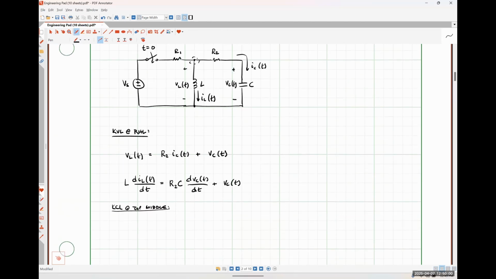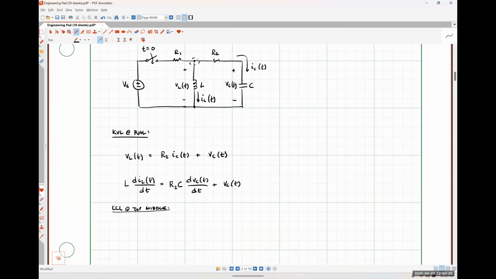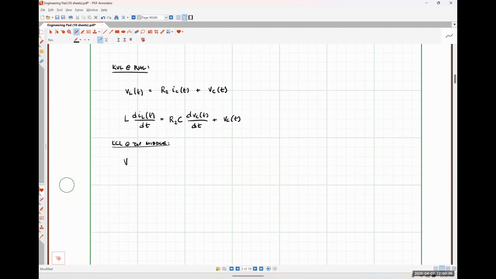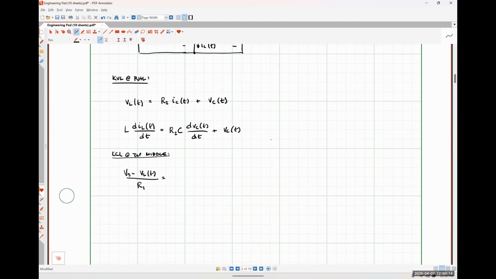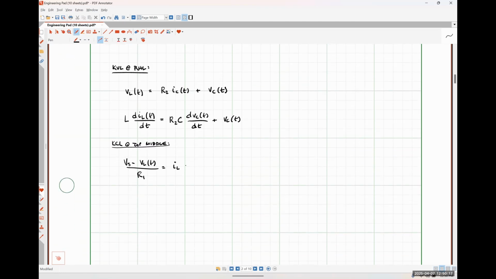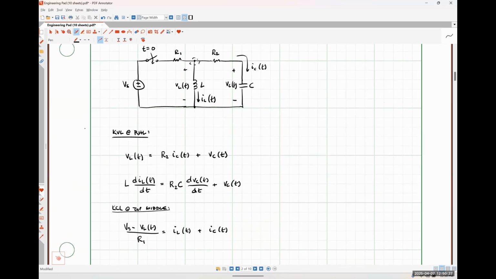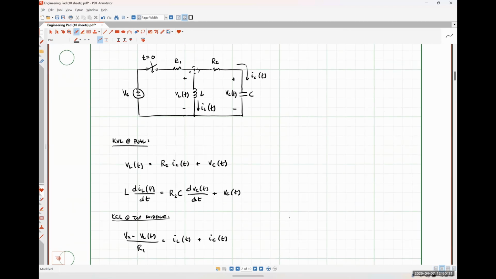So my current that's flowing in is going to be VS minus VL of t divided by R1, which will be equal to the sum of the inductor current and the capacitor current. Current flowing into that node equals the current flowing out. So before I start messing around with this, does anybody have any questions, comments, or concerns?